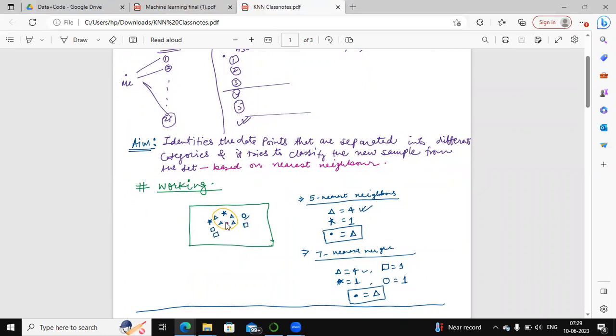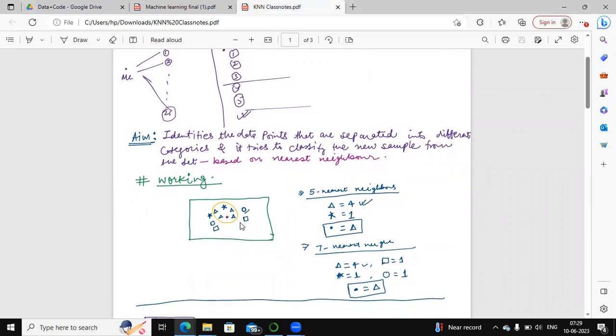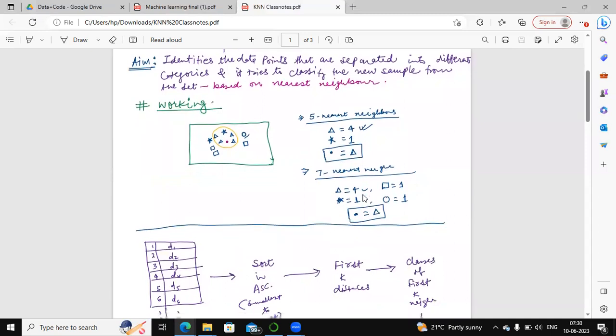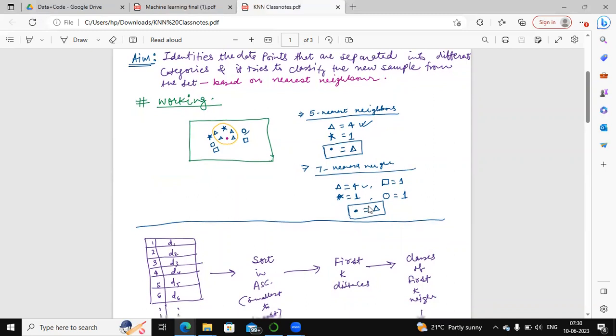So we have four triangles, one star, one circle, and one square. What is the output class for this unknown quantity? Still triangle, because the majority class count is 4 for triangle.